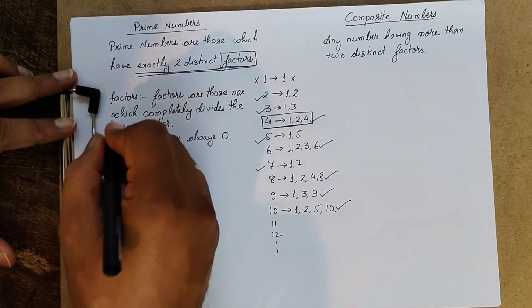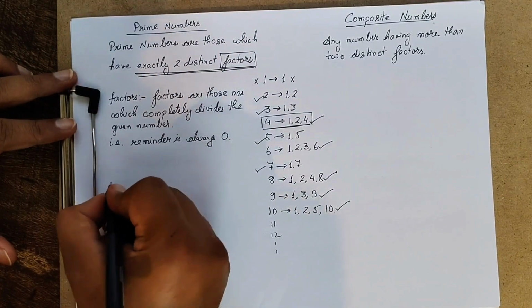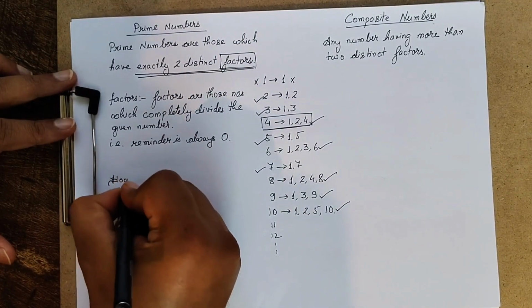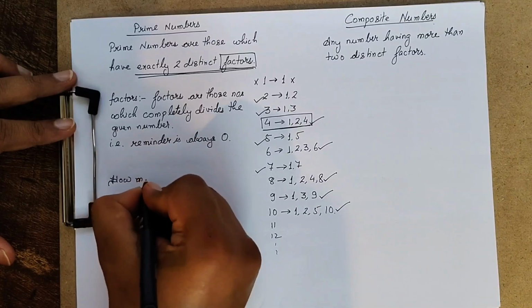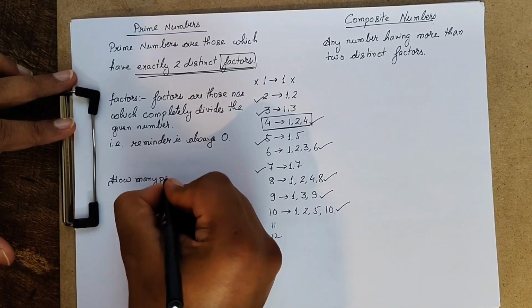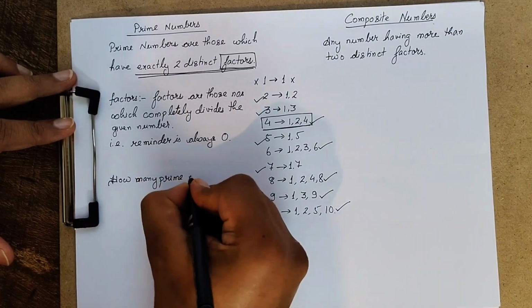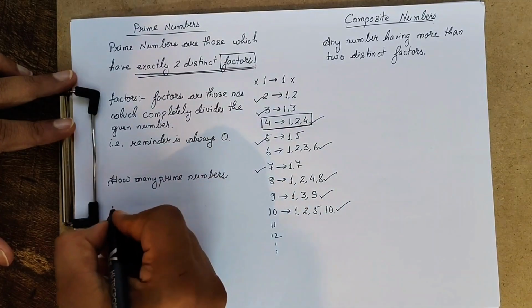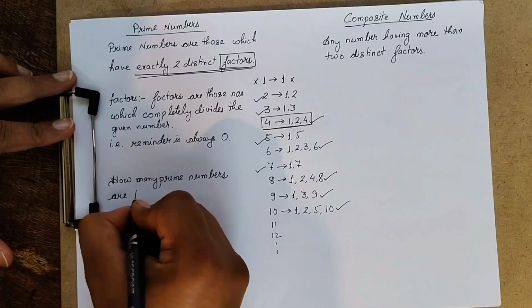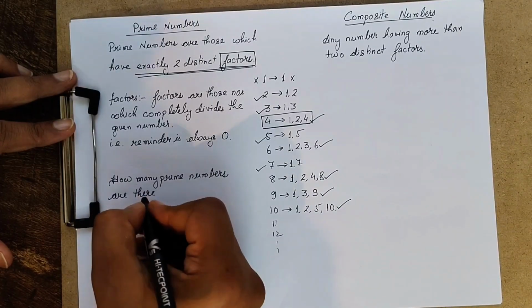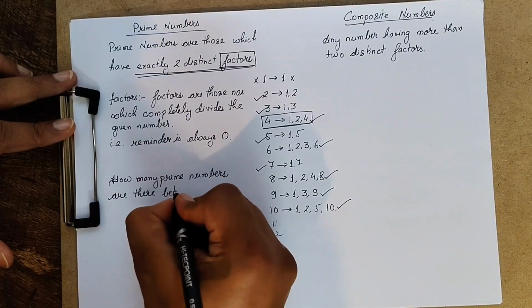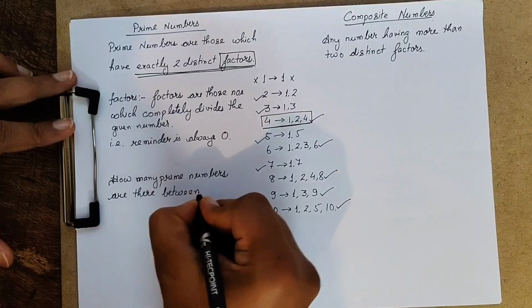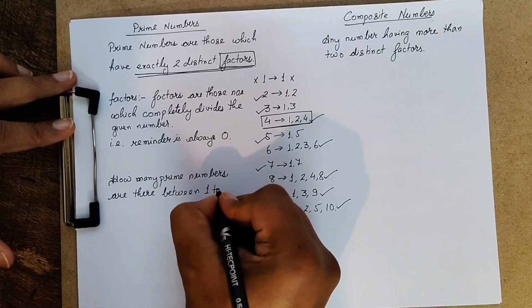Now let me tell you, do you know how many prime numbers are there between 1 to 100?